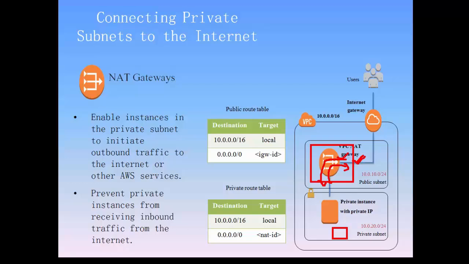And one more thing I want to add here. If we remove this gateway when you complete a practical, this elastic IP gets detached from here, but still does not go back to AWS. It will stay attached to your account.